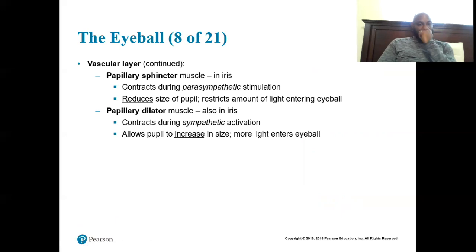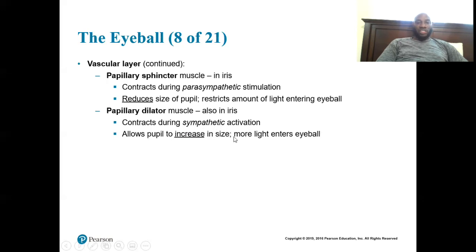We also have the pupillary sphincter muscle in the iris, contracts during parasympathetic stimulation. Remember parasympathetic and sympathetic? Reduces size of pupil. Can also restrict the amount of light entering the eyeball. And you have the reverse, the pupillary dilator muscle. Contracts during sympathetic activation.